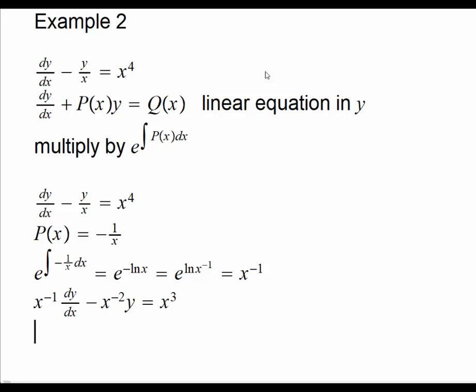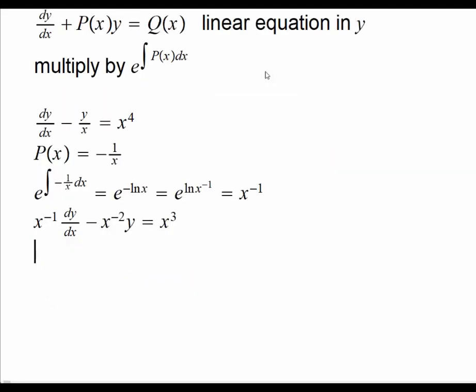Now the left hand side is the derivative of x to the negative 1 times y, and the right hand side of course is x cubed.